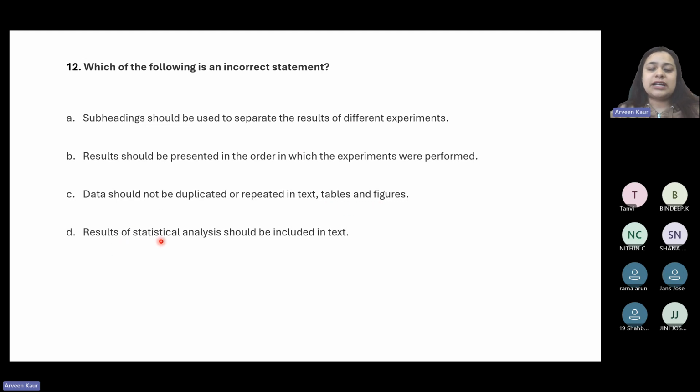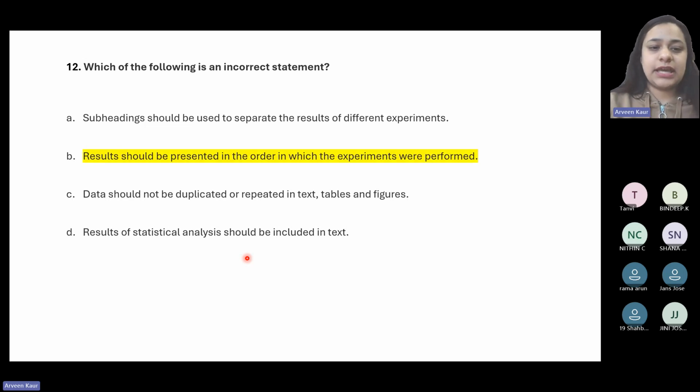Or, results of statistical analysis should be included in text. So, which out of these is incorrect?